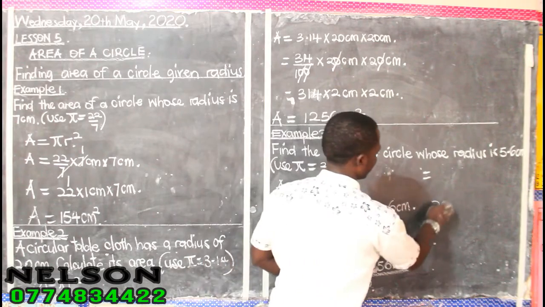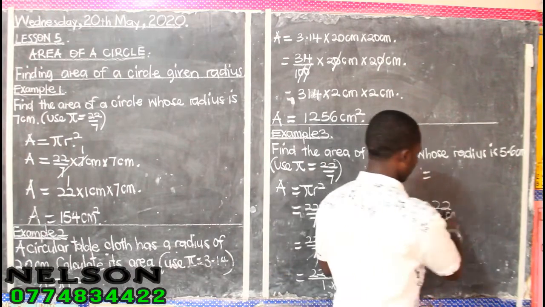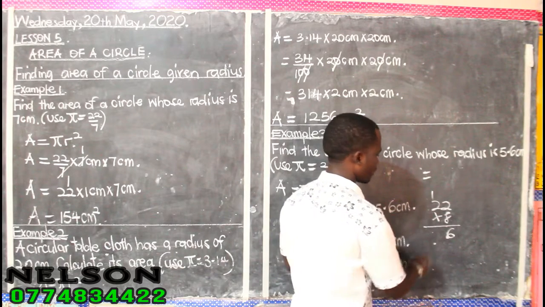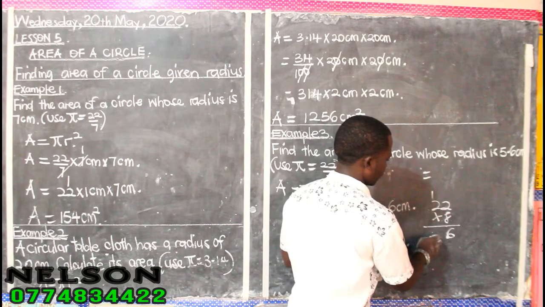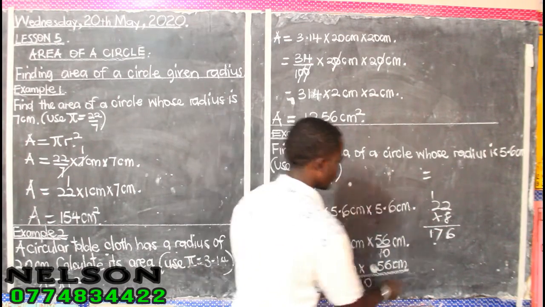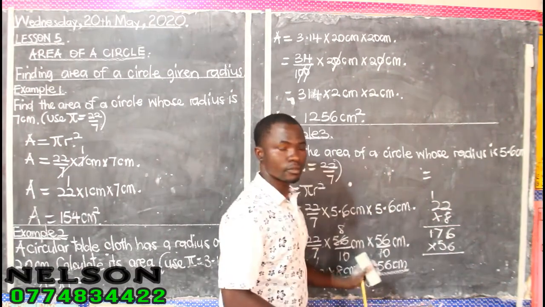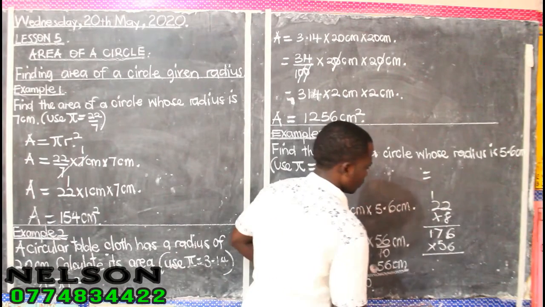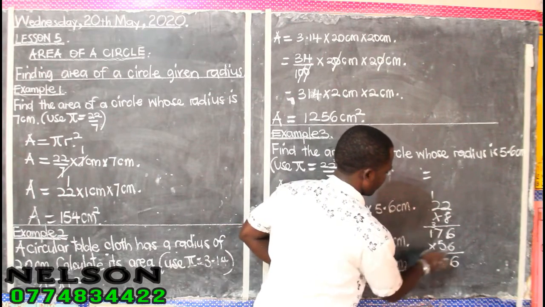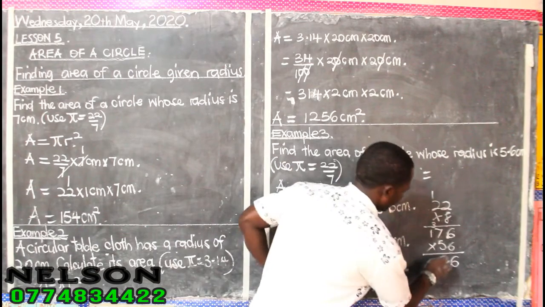When you multiply 22 times 8, what do you get? 2 times 8 is 16. Carry 1. 8 times 2 is 16 plus 1. We shall have 17. 17 times 56. What do we get? 6 times 6, we shall have 36. Carry here 3. 6 times 7, that is 42 plus 3, 45.